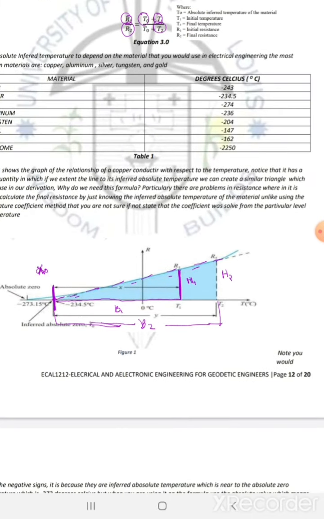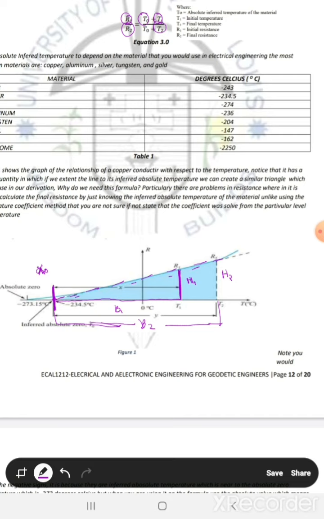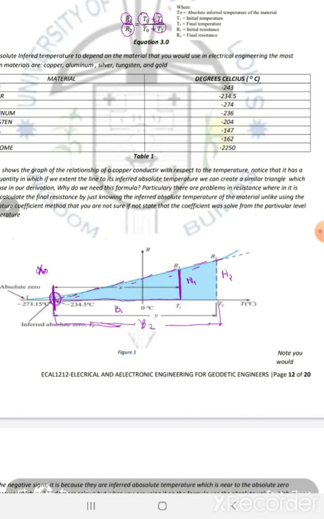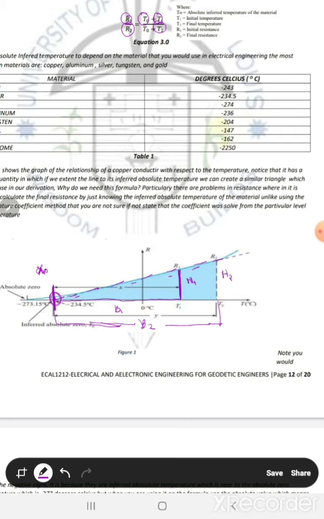So why do we need to memorize this inferred absolute zero temperature? Because there may be a given material whose T0 is not given, and instead you are given T1, T2, T3. If you don't memorize the inferred absolute temperature of a material, you first need to convert all of your T1, T2, T3 to T0 before getting the answer. But if you memorize this, you can directly plug it into the formula even without relating your givens.